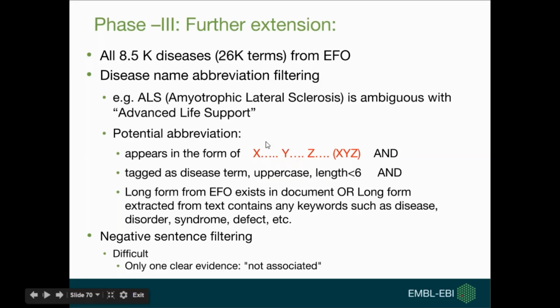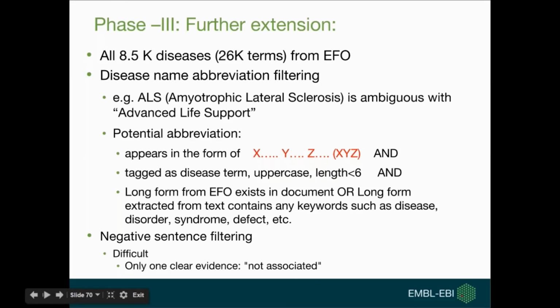We call this the former part, and we call this a potential abbreviation if it is tagged as a disease term by our dictionary, if it's in uppercase form, and it has length less than 6.